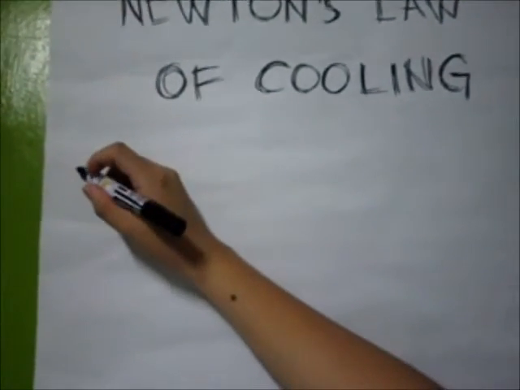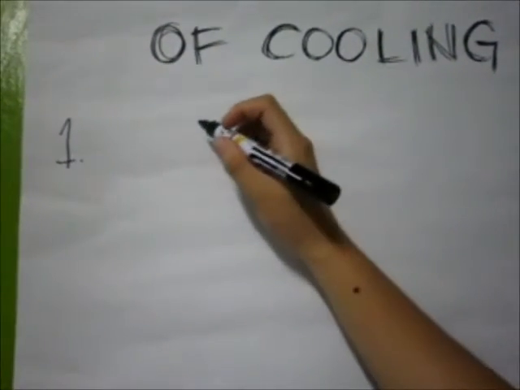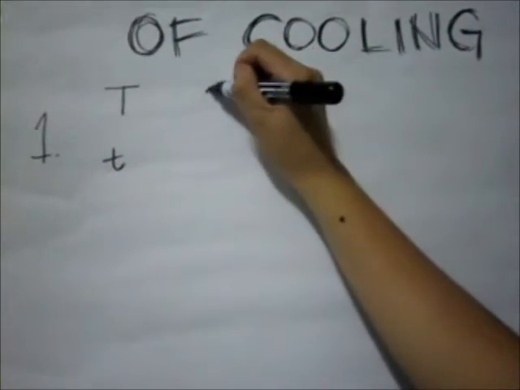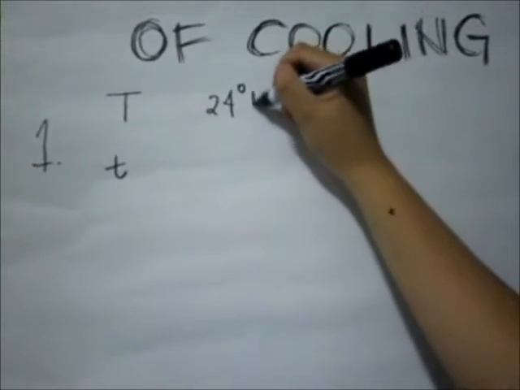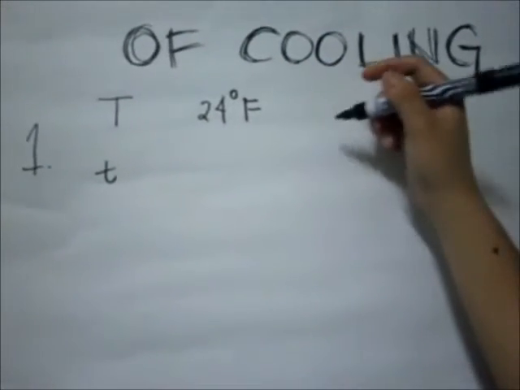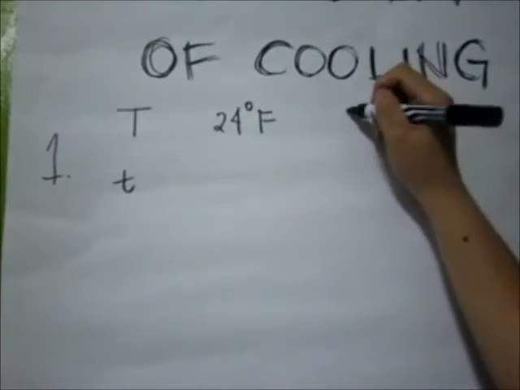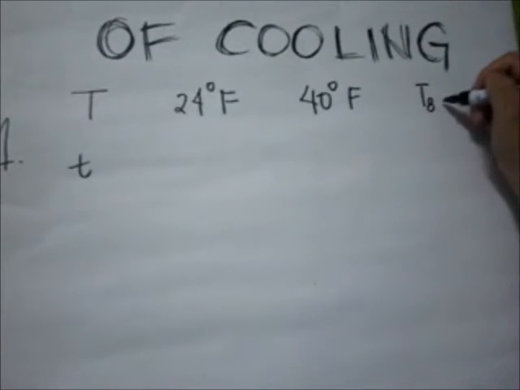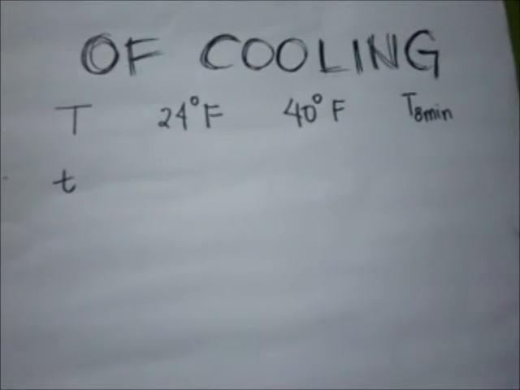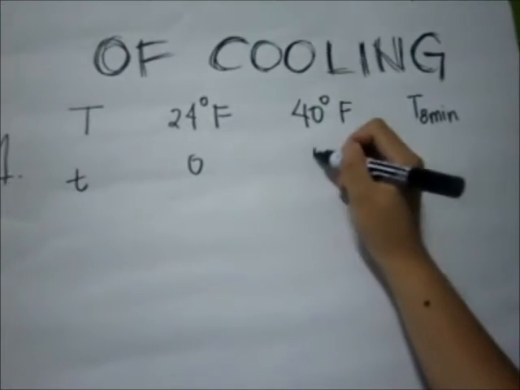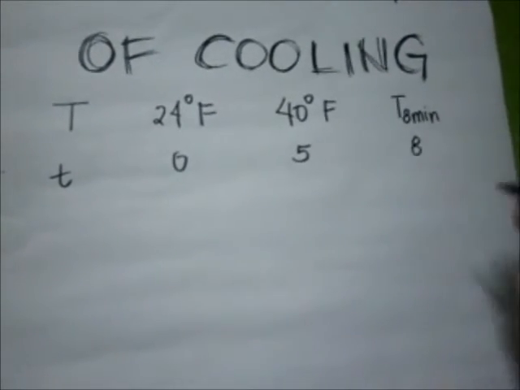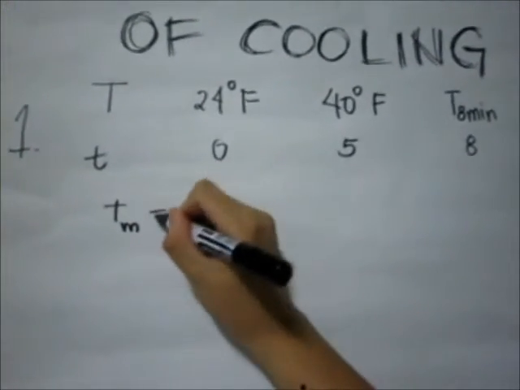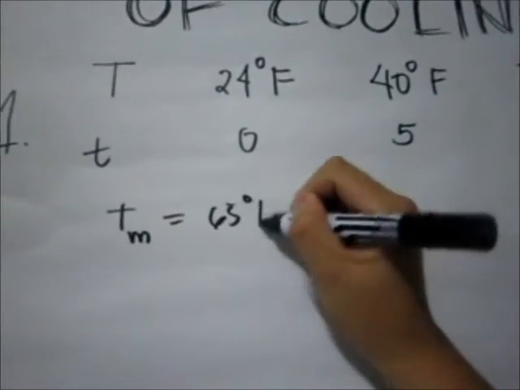For the first problem of Newton's law of cooling, we tabulate first the data, the temperature and the time. Here, we should find the temperature after 8 minutes. The temperature of the environment is equal to 65 degrees Fahrenheit.